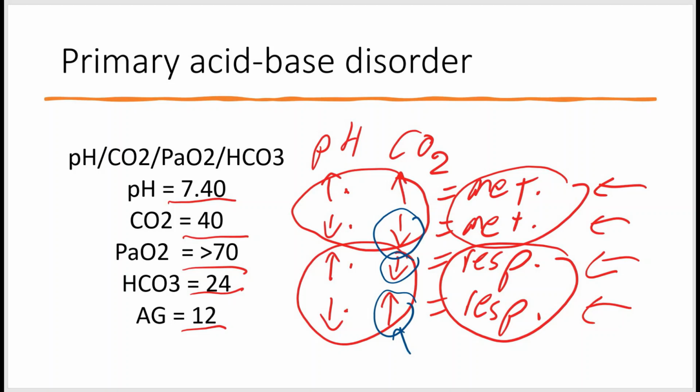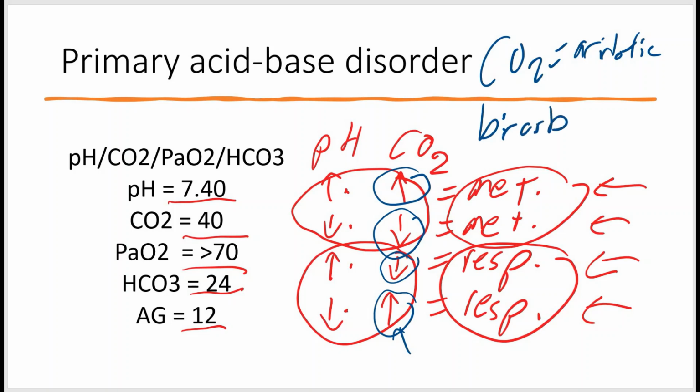And in metabolic alkalosis, you have an increase in bicarb, so your body will compensate by increasing CO2. And that is because our body wants to be in equilibrium. Remember, CO2 is acidotic, while bicarb is alkalotic.